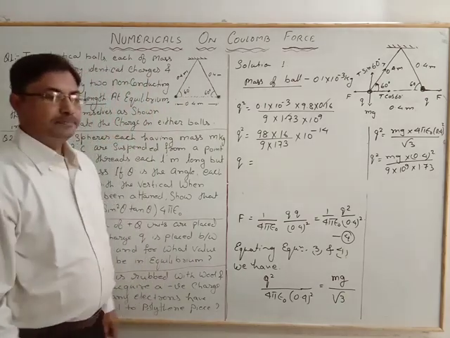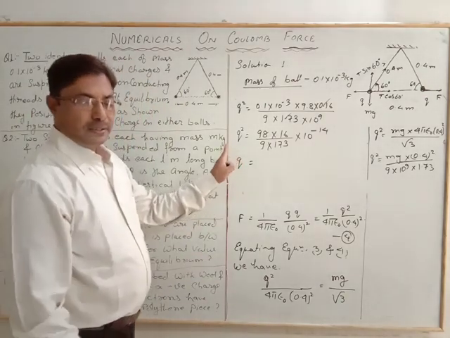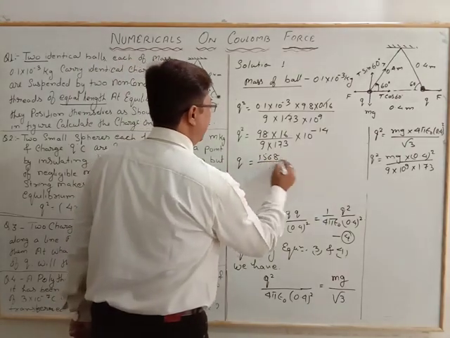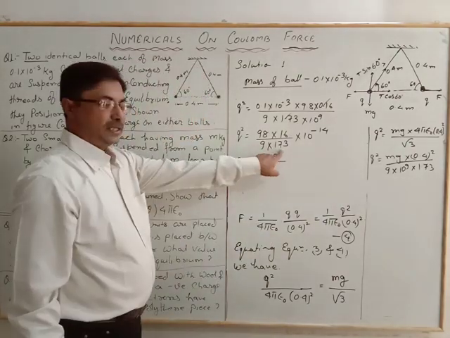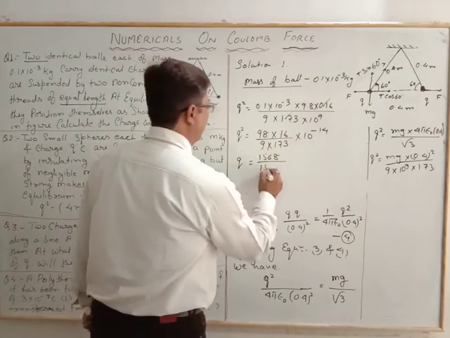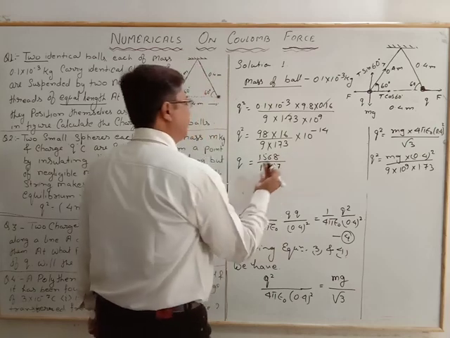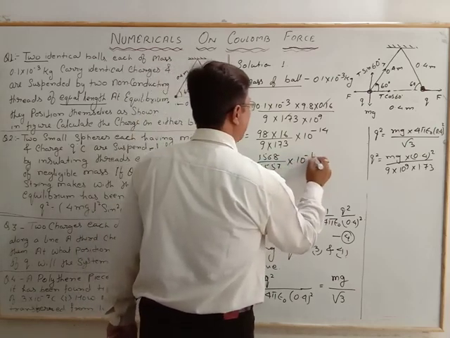Now for the q, we cancel these two, q is equal to, that is 1. Its value is 1.1568 divided by 9 into such, on that case it is 1557, into 10 to the power minus 40.